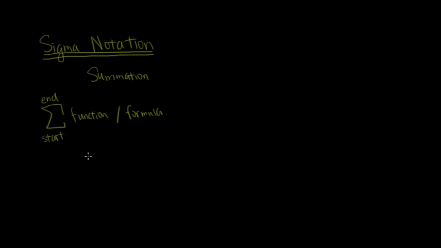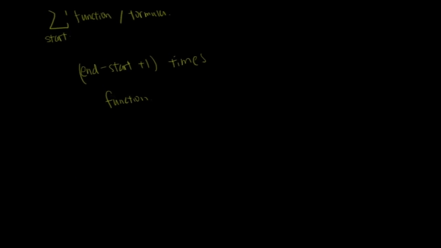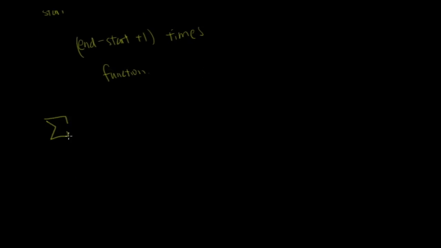What this sigma notation means is that it's going to go through n minus start plus 1 times, and each time it's going to add the function. An example of this would be sigma from n equals 1 to 15, and then we have f(n).